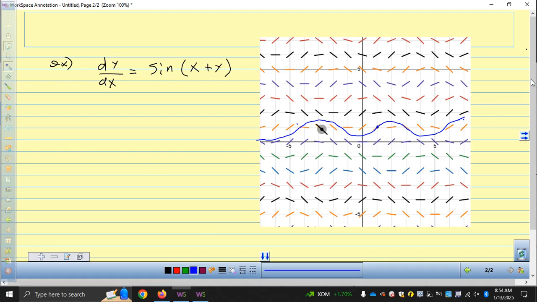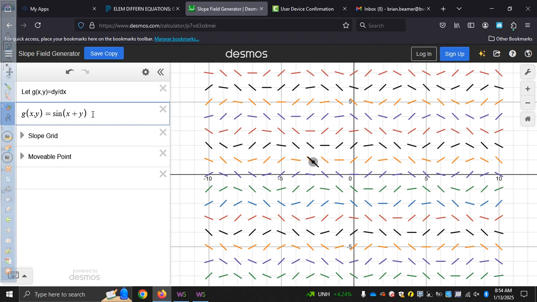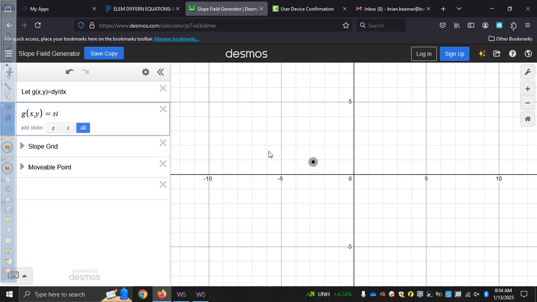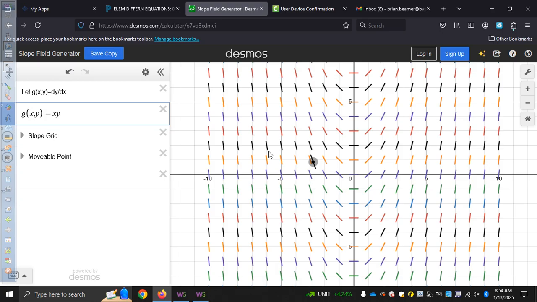Let's look at another one. dy dx equals xy. So I'll go to our calculator, change that to x times y. And there's our slope field.